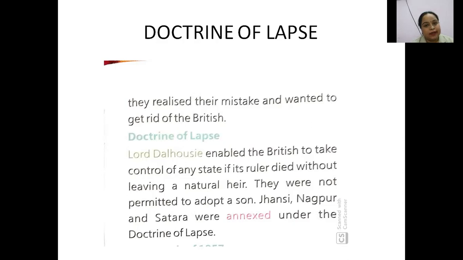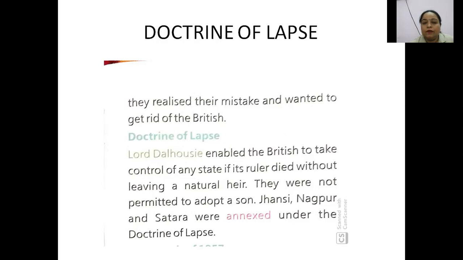Suppose a king is there and that king died without a son. Then his territory will automatically go into the hands of the Britishers. Understood this thing? Suppose a king has no son. After the death of the king, all his territory will go under the hands of the Britishers.